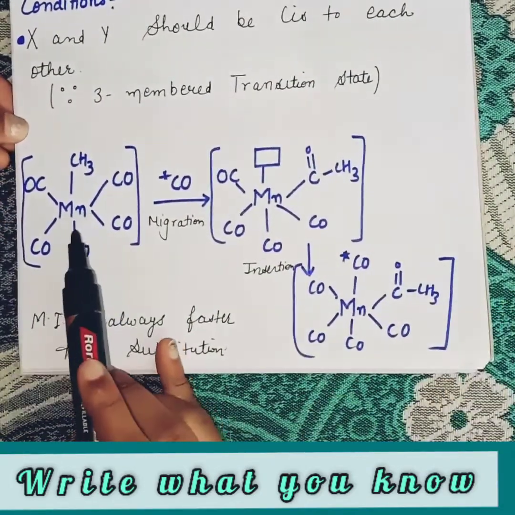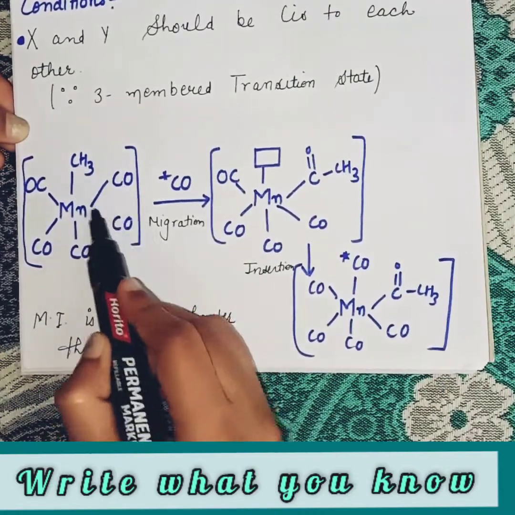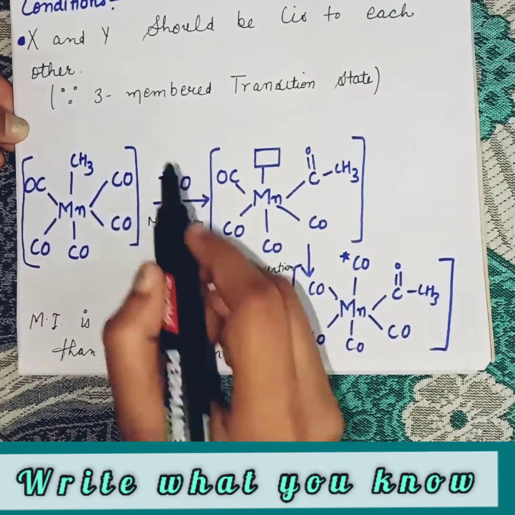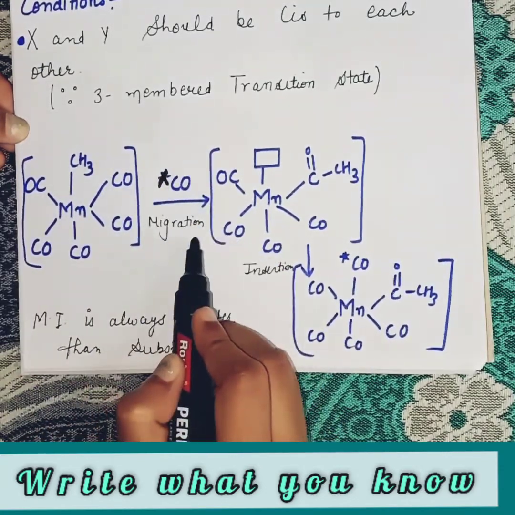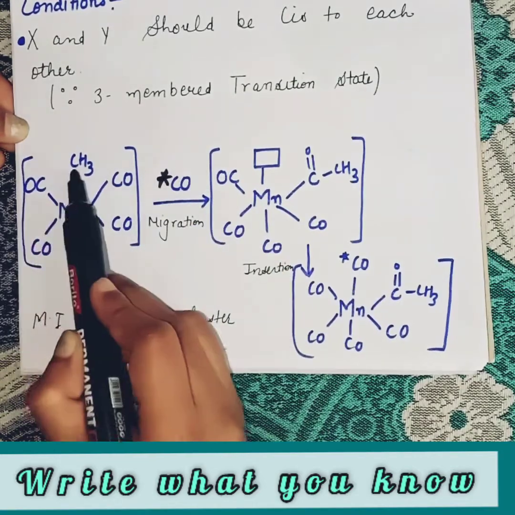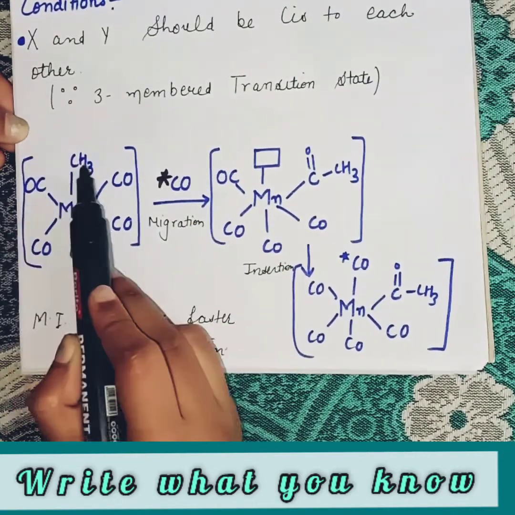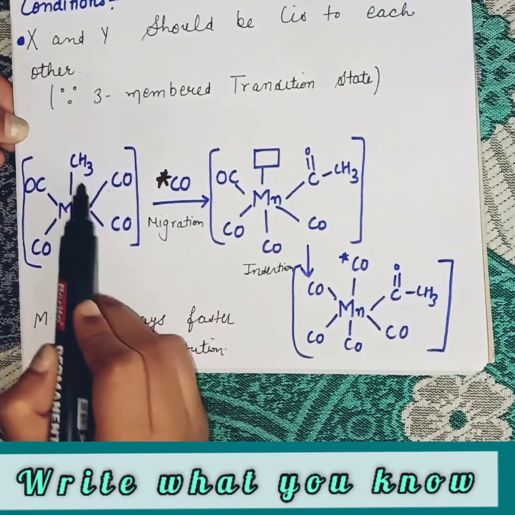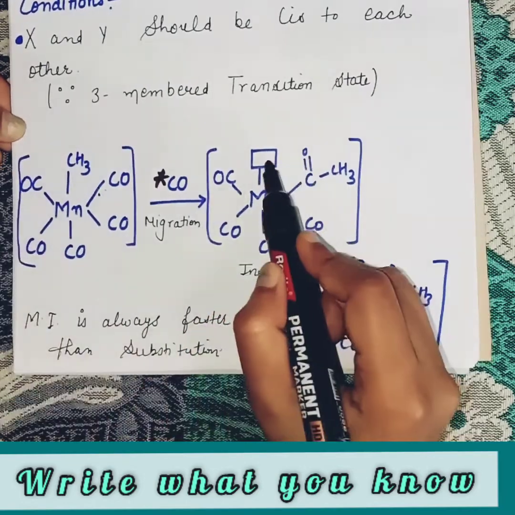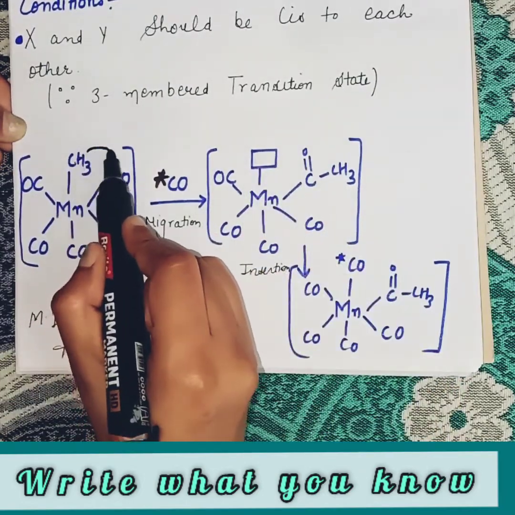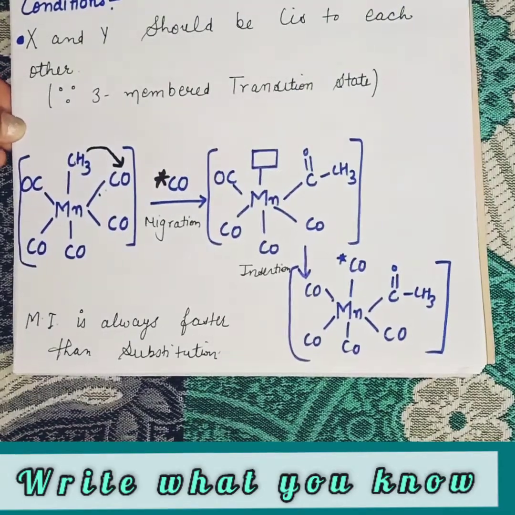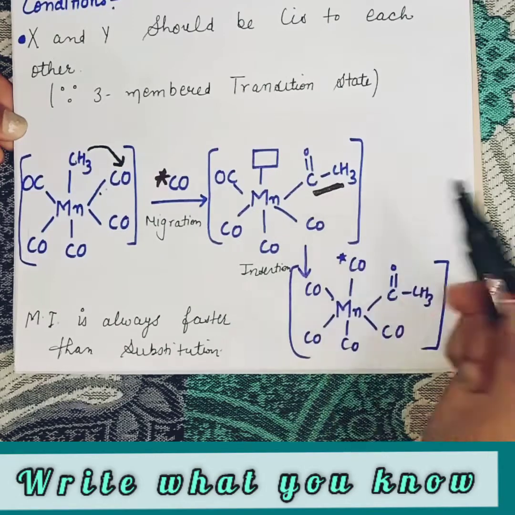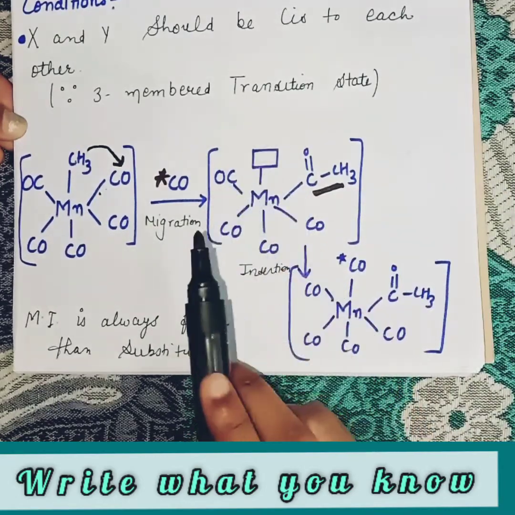Let's see one example. This is a manganese complex. Here there are 5 CO ligands and 1 CH3. If we add, first one is the migration process. This CH3 and CO are at cis positions to each other. So this CH3 migrates to this position and becomes C double bond O CH3, attached to this CO, and a vacancy is created in this position.